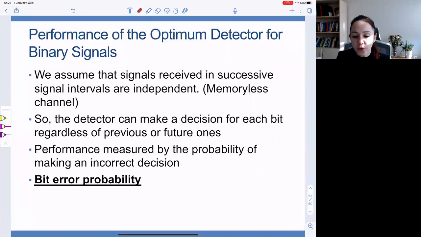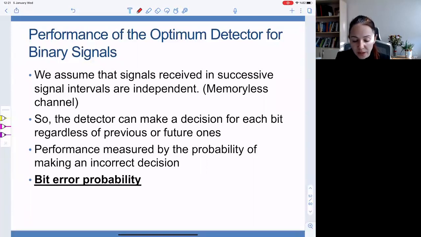We're going to assume that such an effect is not valid, and each successive signal is independent. So the detector can make a decision for each bit individually without having to look at previous bits or future bits. So, one-shot decisions, symbol by symbol.